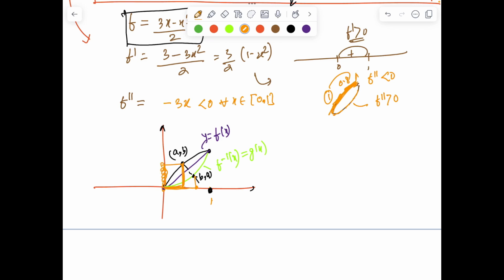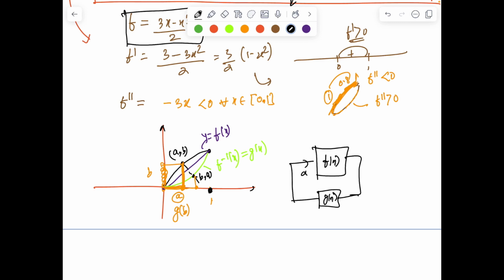So if this height is b over here for my function, then clearly on the graph of f of x, I can tell what a is: it is nothing but g of b. So remember this thing, because g of b means if we have a function f of x, I am sending input a, and the g machine will eat this input and send back a as the output.